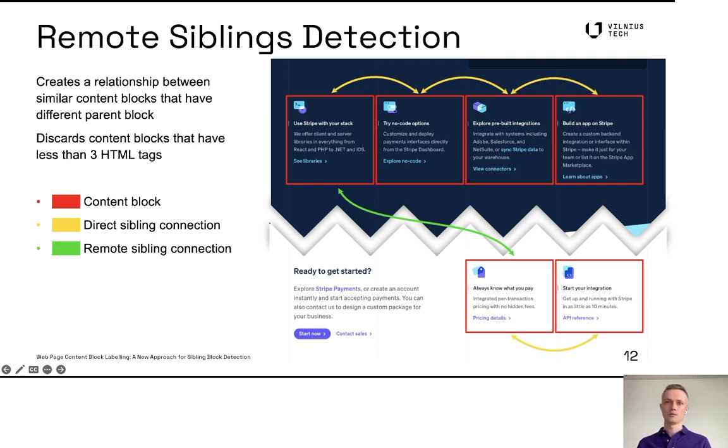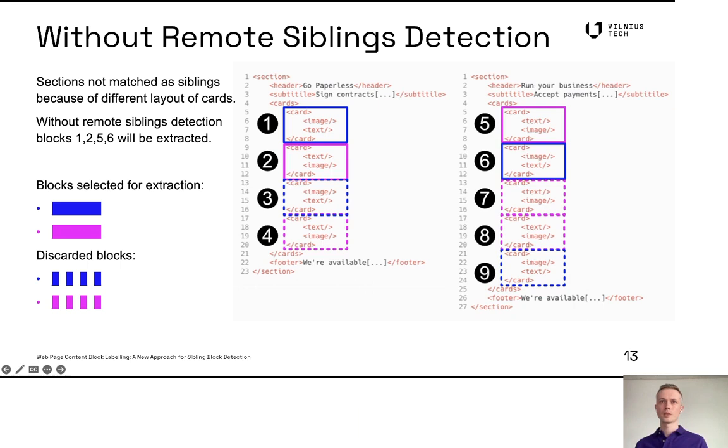So after we implement remote siblings detection, we can connect these groups together. And we represent this by a green arrow. So let's compare an example of two sections that have multiple sibling blocks.